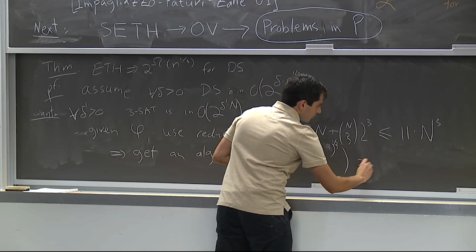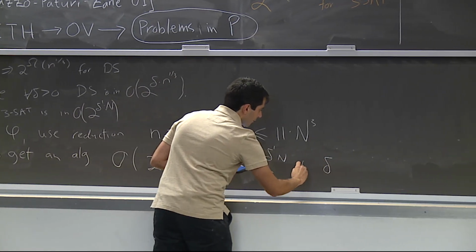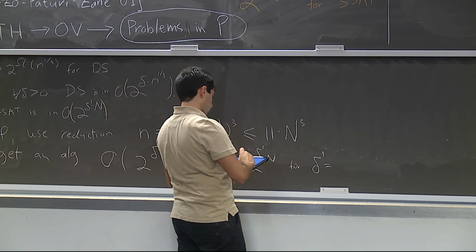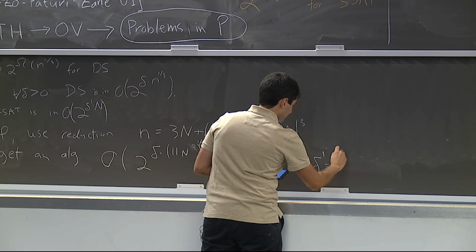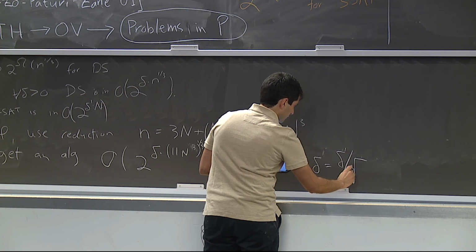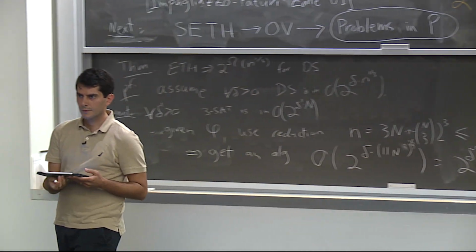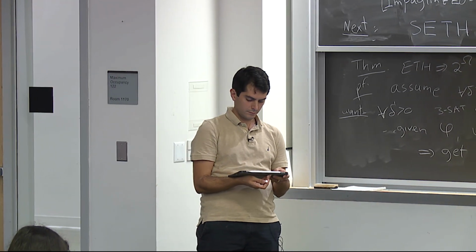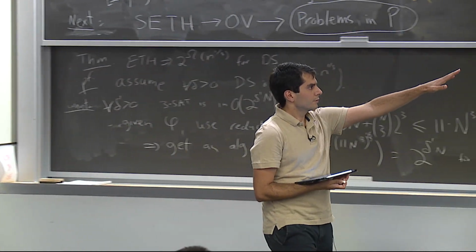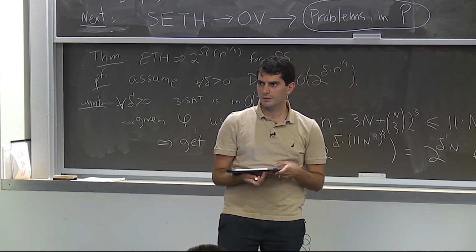And then this equals 2 to the delta prime n if we have chosen delta prime appropriately. Okay, so it's just some calculation to show you that what you expect happens. Any questions about this?